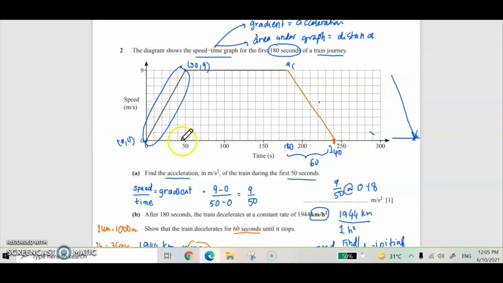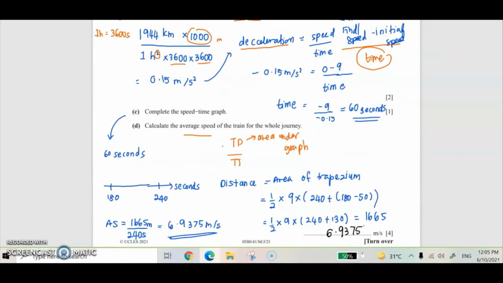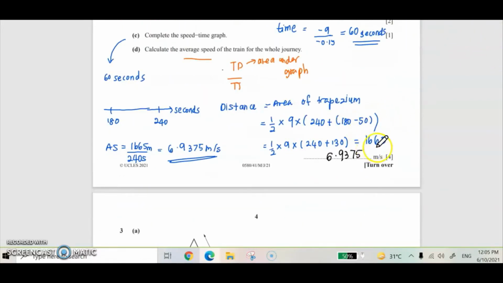So the height is 9, and then the length here is 240 plus 130. Okay, since we got here 50 until 180. Okay, and then we get the distance is 1665. That is the total area. Okay, divide with the total time.